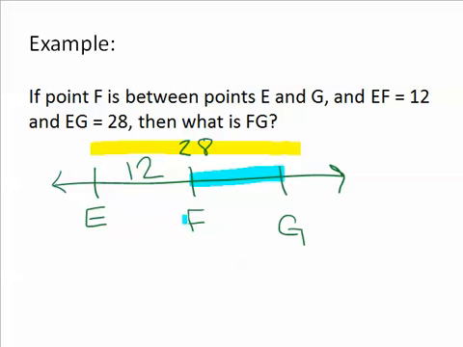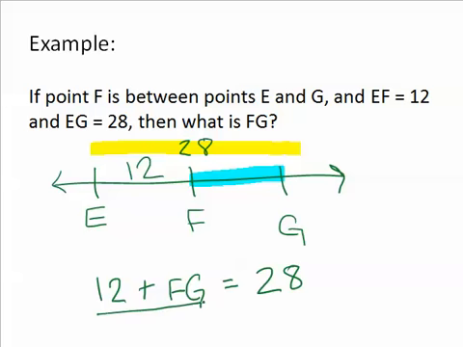So now it's a little bit different. I still use the same postulate, I just have to work it backwards. So I'm going to say, 12 plus FG equals 28, which takes you back to algebra, because this is the postulate. I take these two line segments, add them together, and I get the whole distance. Then all we have to do is isolate what we need to know and solve the equation.